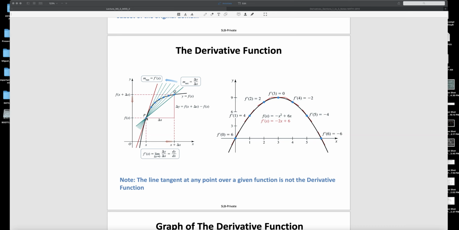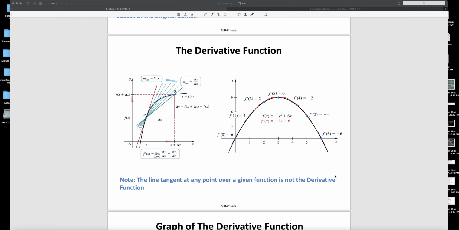What we're going to do now is repeat that concept for every point within the domain of the function. Not only for this particular point, but we are going to repeat exactly the same procedure for any other point. Okay? And when you do that, you are going to define another function, which is the derivative of the given original function.